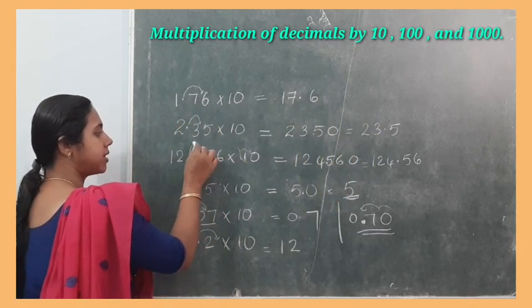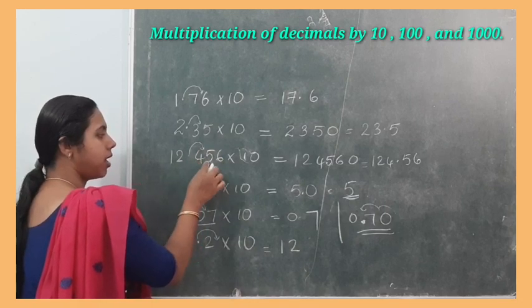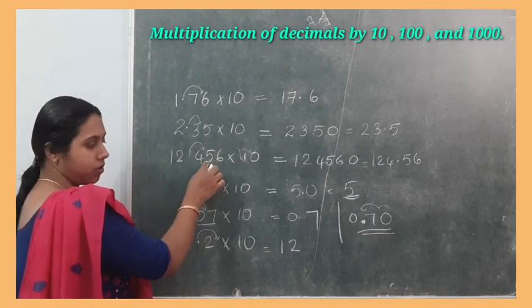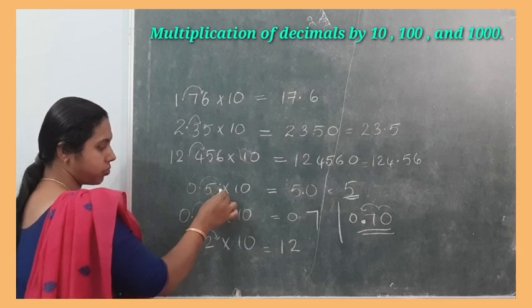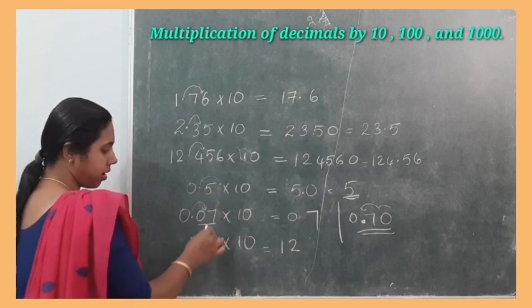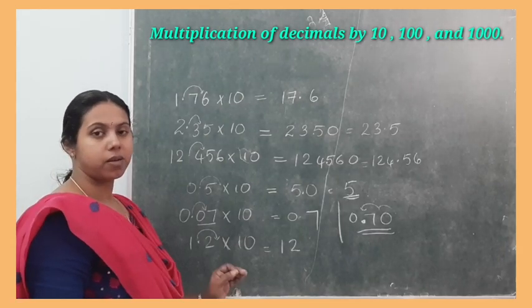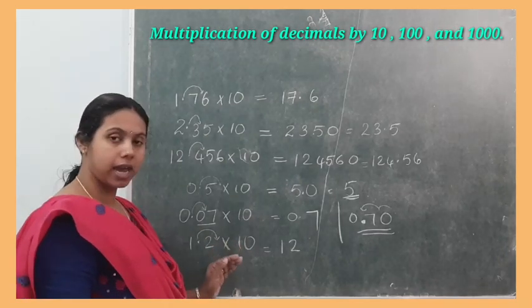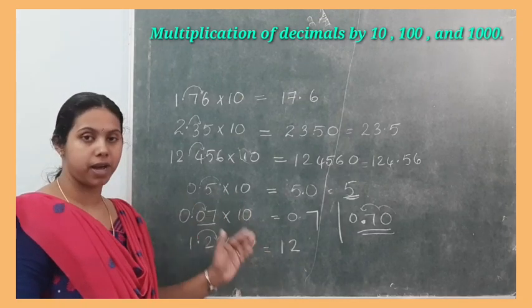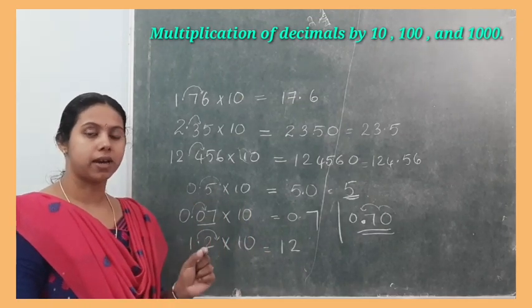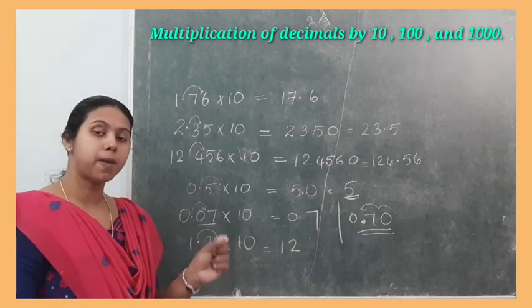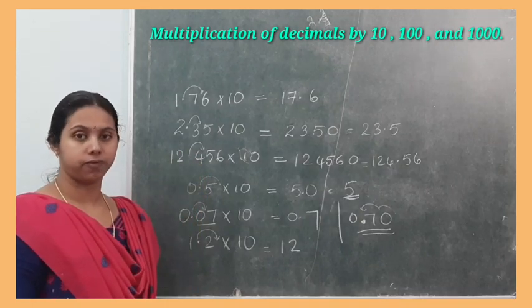And here also you can see the decimal point moves 1 place to the right. Here also, 1 place to the right. So remember, while multiplying a decimal number by 10, the decimal point will move 1 place to the right of the number.